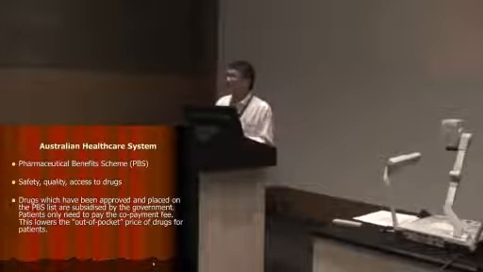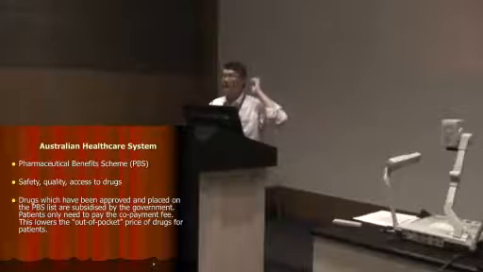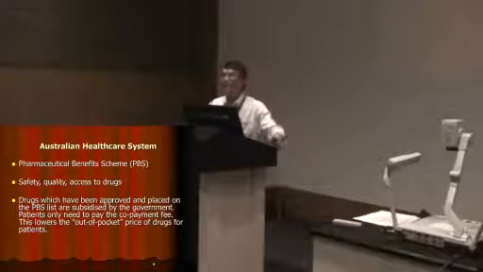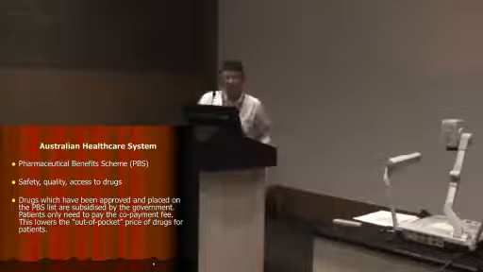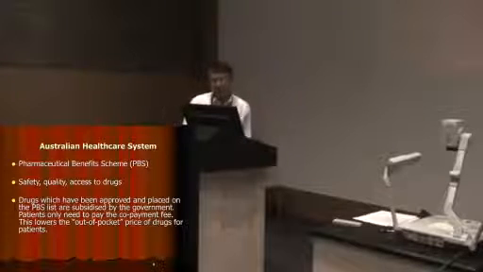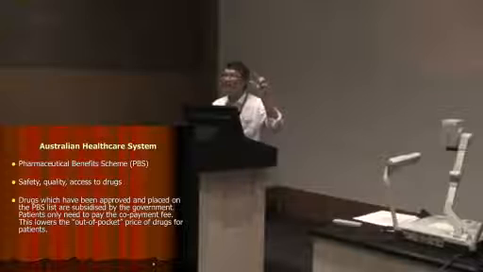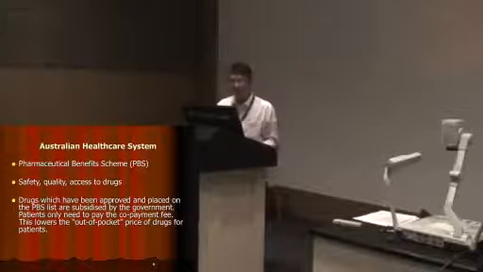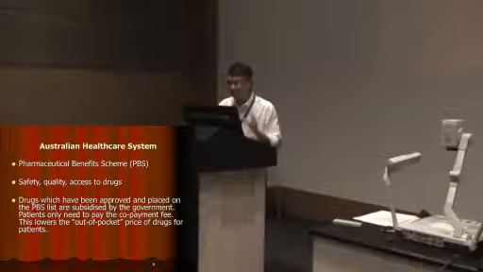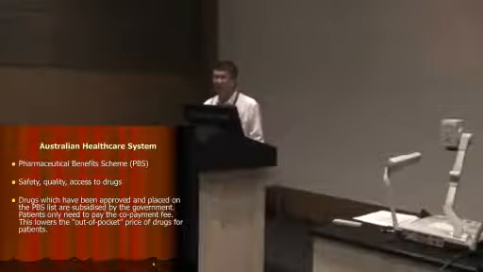Only approved drugs. If you ask for drugs which are not on the list, then you have to pay full fare. But drugs on the list are subsidized by the government, so patients only need to pay the co-payment fee. Co-payment fee means you pay a small fee in order to be prescribed the drug. This lowers the out-of-pocket price of drugs for patients. Out-of-pocket means you pay out of your own pocket.